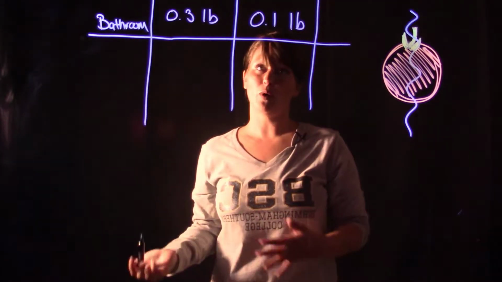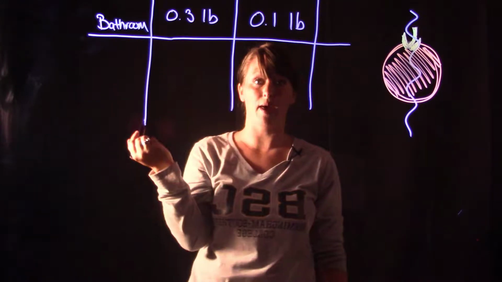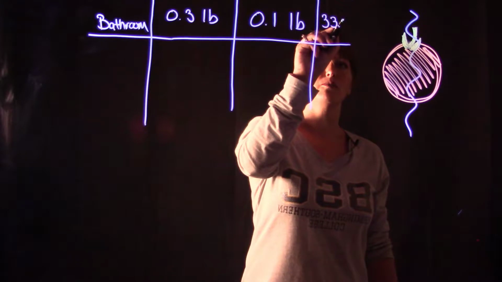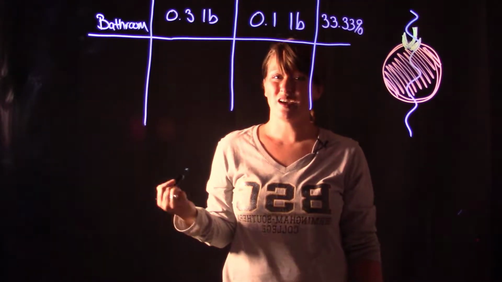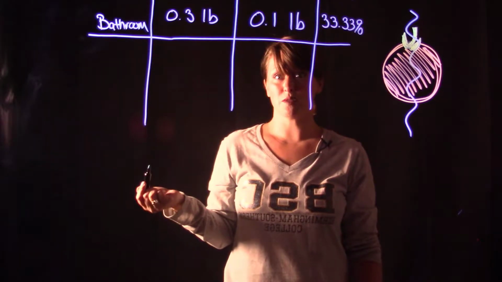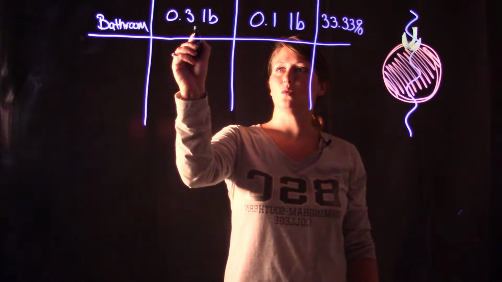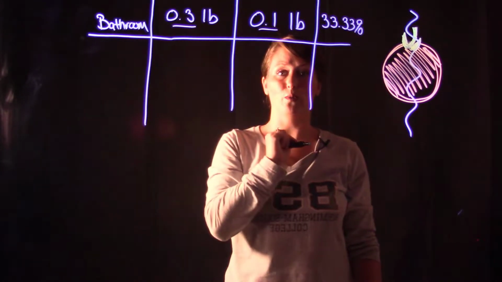If I compare 0.1 pounds to 0.3 pounds in order to determine the percent of the apple that the one half is, I end up with about 33.33%. Doesn't seem I was very good at cutting that apple in half in terms of the bathroom scale values, is it? The bathroom scale gives us one sig fig with the 0.3 and 0.1.